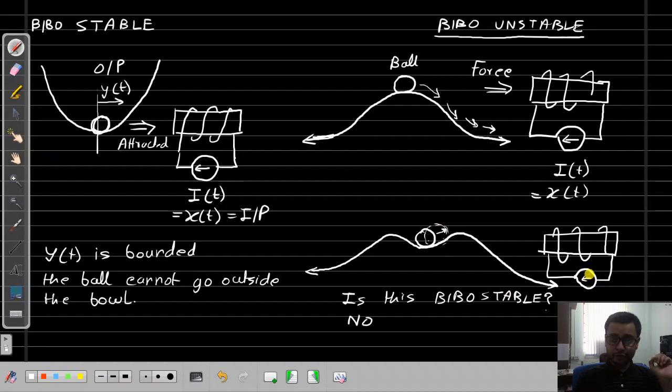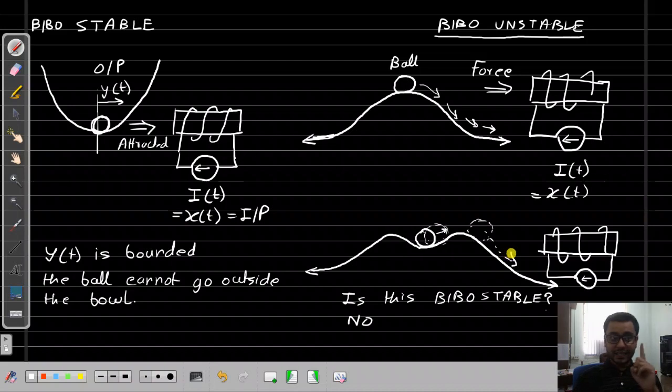But if you give a slightly higher input, still bounded, you don't need infinite current but maybe a large current, that can be enough to pull this ball up to this point, and after that this ball will continue to fall, continue to move towards the right without any bound.